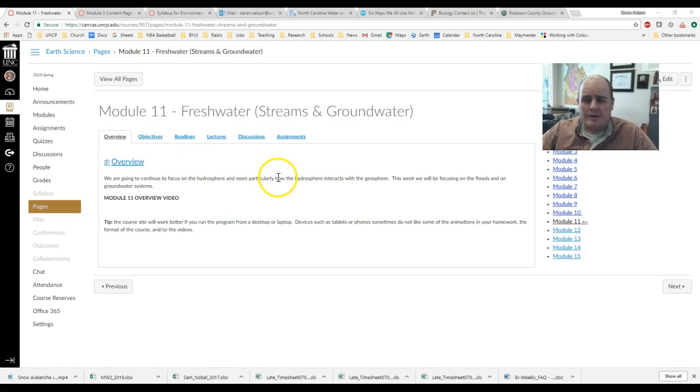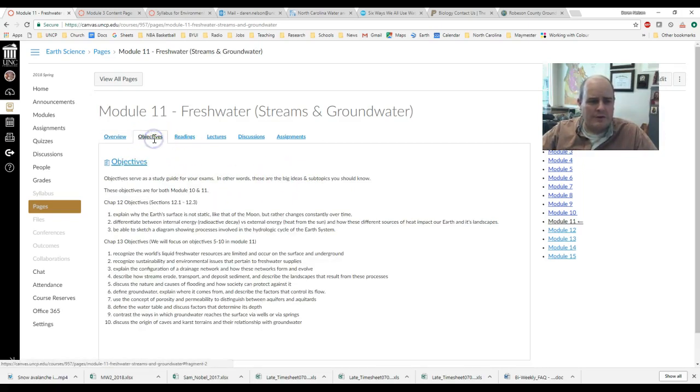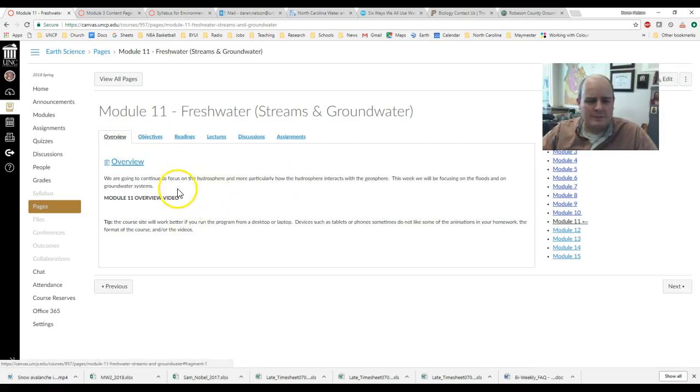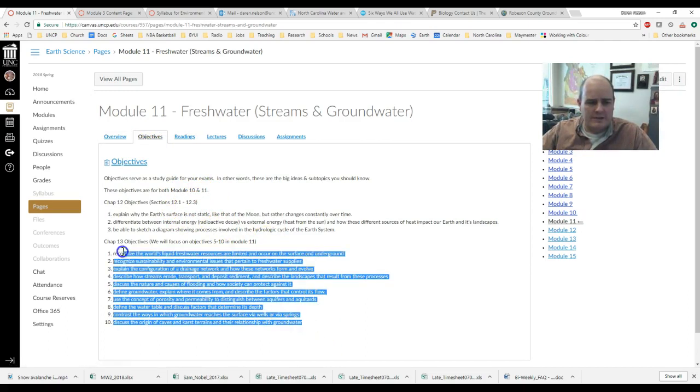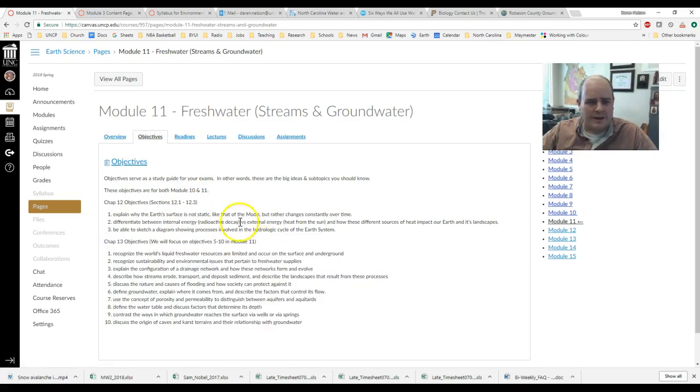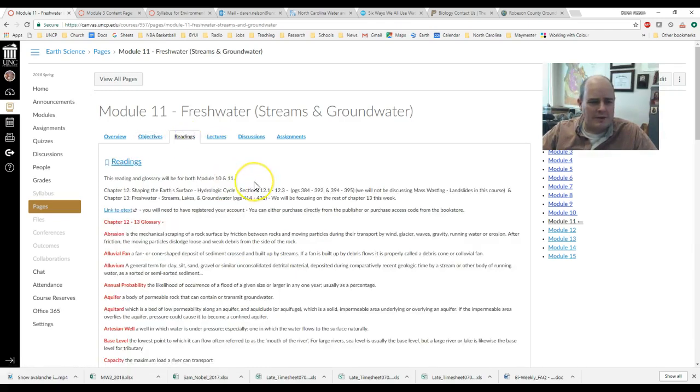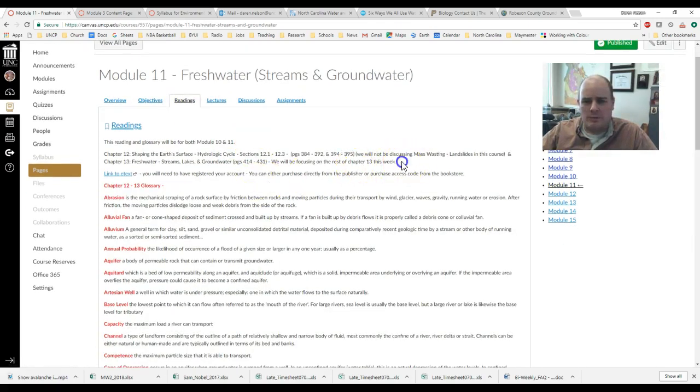So let me go through the module this week. First of all, the overview is fairly simple. It's pretty much the same as last week. The objectives are the same as well, except this time we're focusing on Chapter 13 objectives. The readings are fairly much the same as well. We're just focusing on the latter half of streams and the groundwater section of Chapter 13.